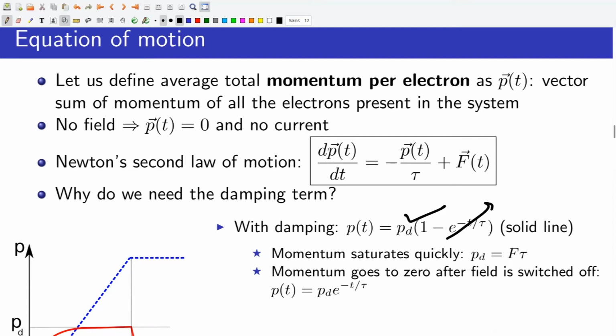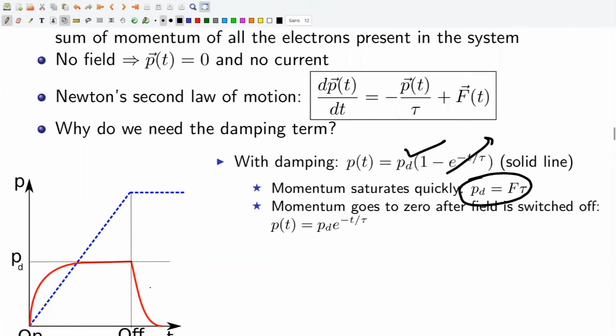Thus, momentum and current do not keep increasing with time, but saturate to some constant value, p_d equals F times tau. This you can see here. Moreover, once the field is switched off at this point, the momentum as well as current becomes 0.